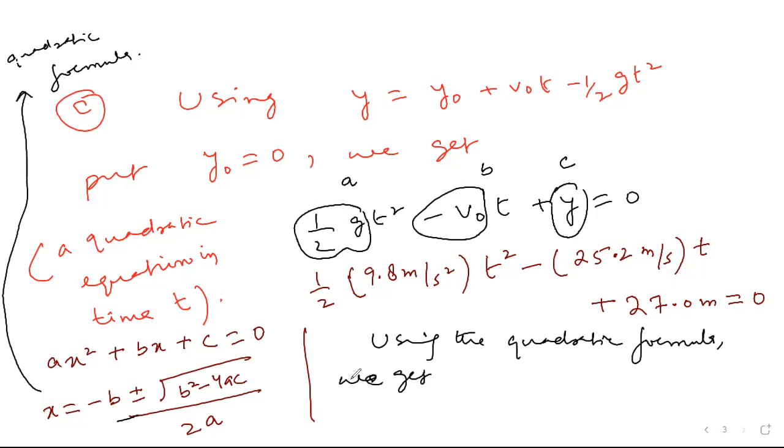So using the quadratic formula, we find the solutions to be, let me use another color. One solution is t equal to 1.52 second, and second solution is t equal to 3.62 second.